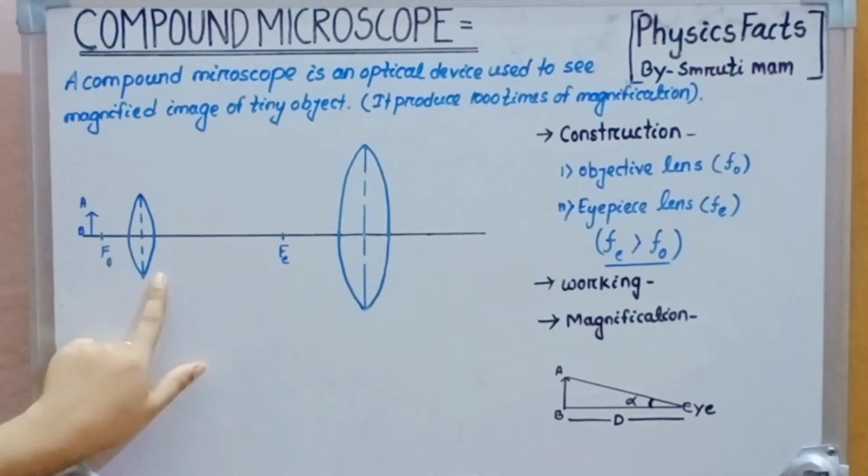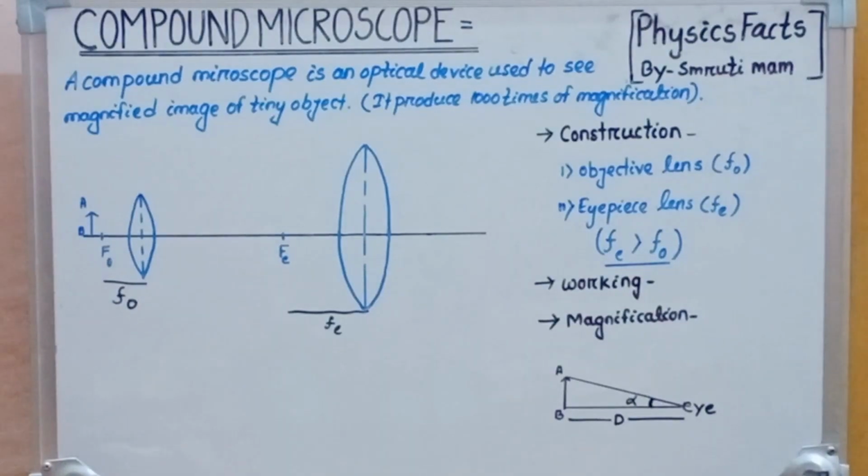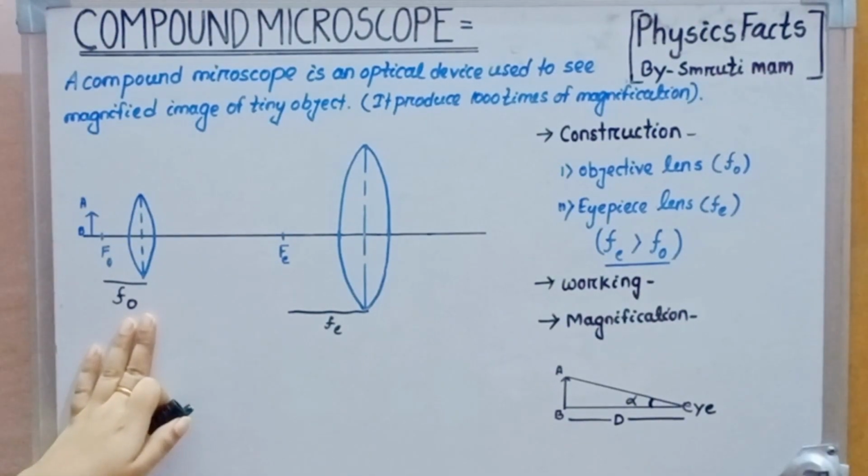The focal length of the objective lens is taken as Fo, the distance between the optical center and the focus. That of the eyepiece lens is denoted as Fe. The focal length Fe is greater than Fo.